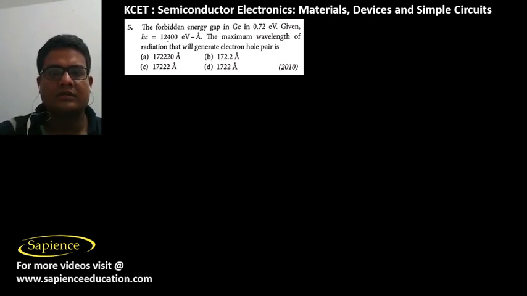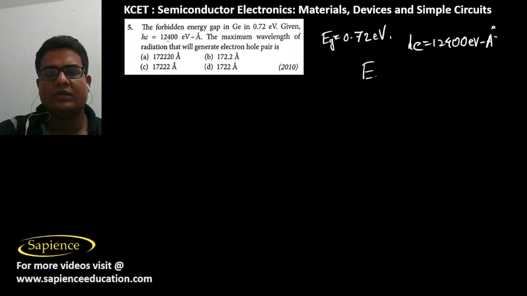The forbidden energy gap of germanium is 0.72 electron volt. It is called the energy band gap. Given hc is 12,400 electron volt into Angstrom, the maximum wavelength of radiation that will generate an electron hole pair is asked. So we have to equate this energy band gap with the energy of the radiation, hc by lambda.